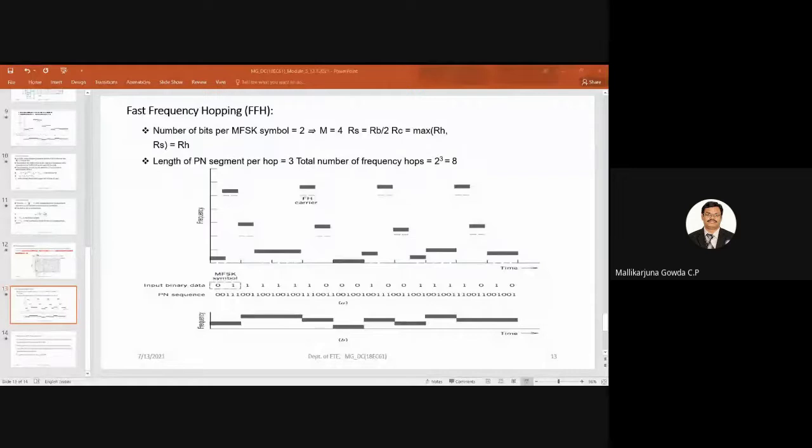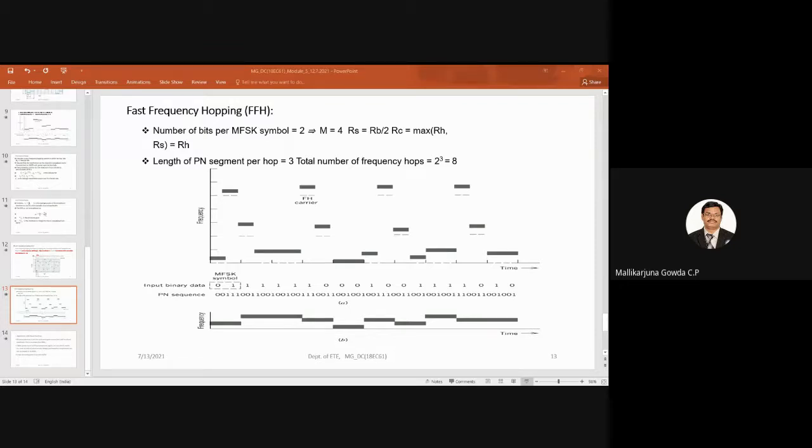Let me mark it with the pen. Are you able to at least note it down and do it in your notebook?